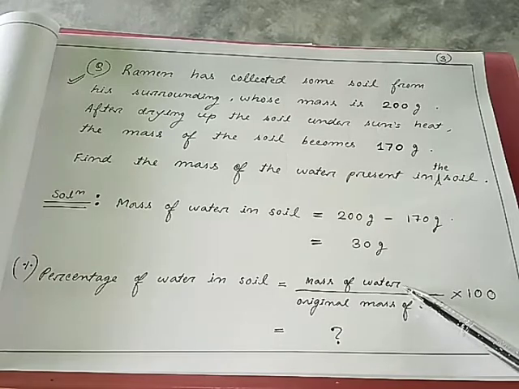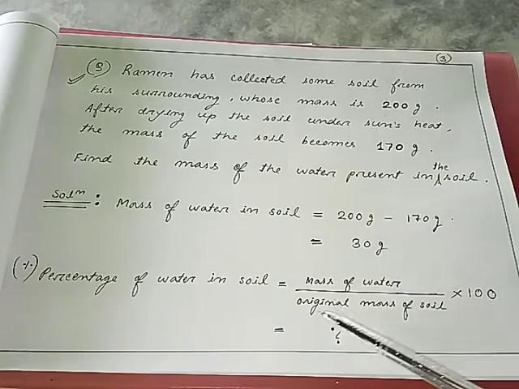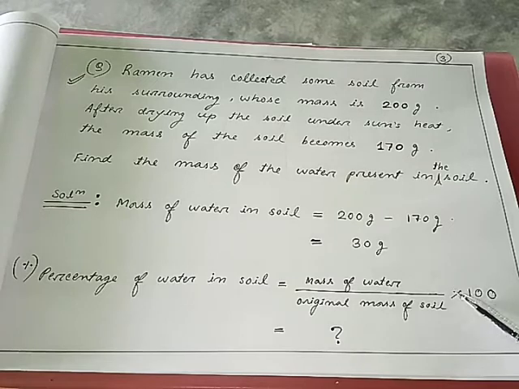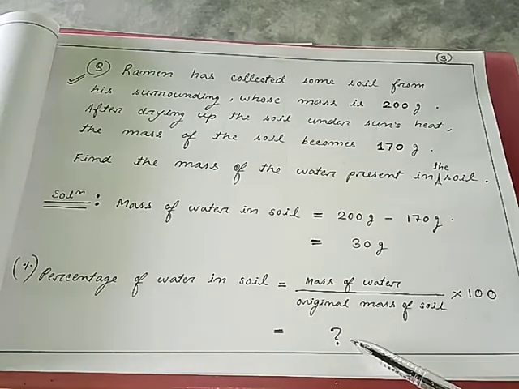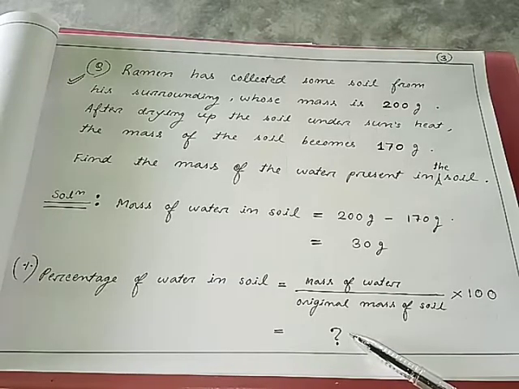So here you put the mass of the water, that is 30 gram, and original mass of soil, that is 200 gram, into 100. Now you will get some percentage, that will be the percentage of water which was present in the soil. So this is homework for you, you have to show me.